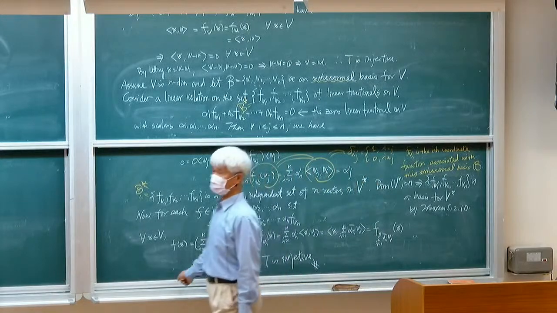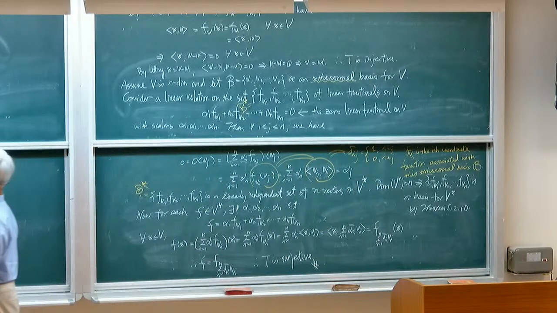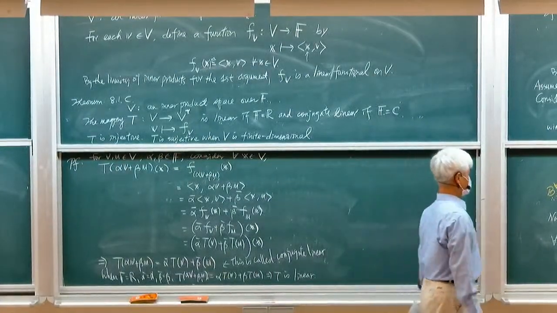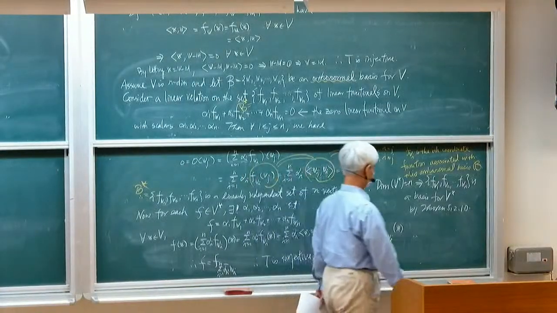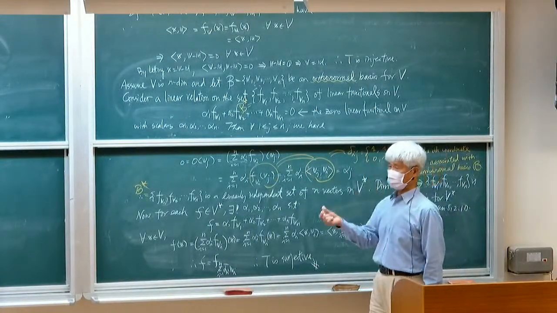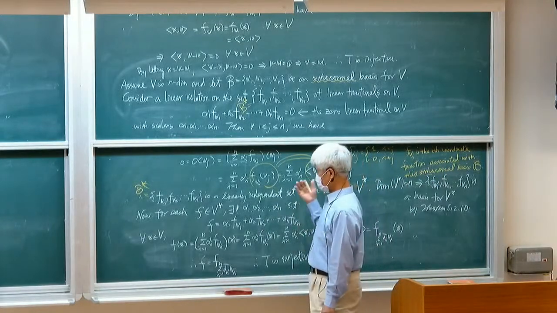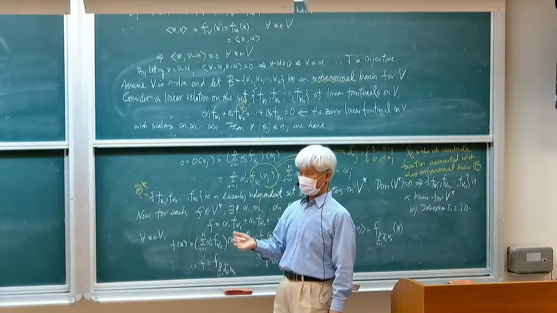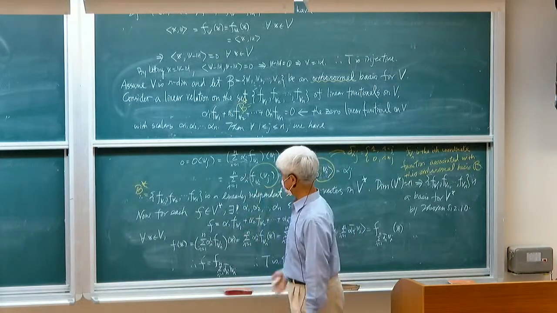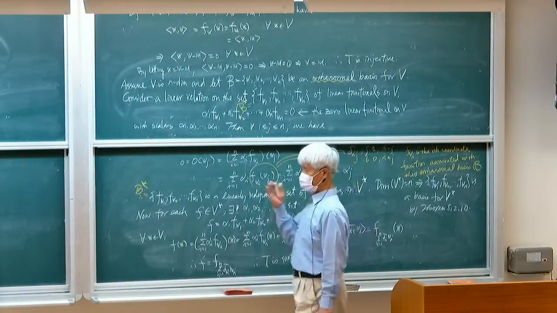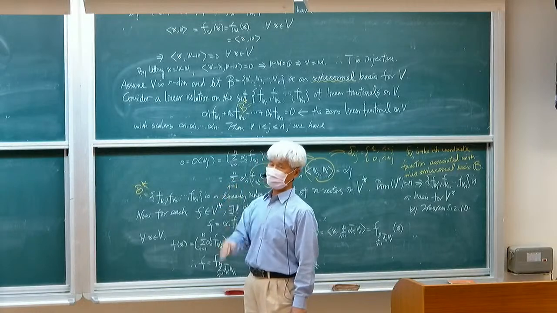Okay, so this is very important. We have that T is surjective: if the inner product space V is finite dimensional, then for its dual space V star, every linear function is indeed f sub v for some v.